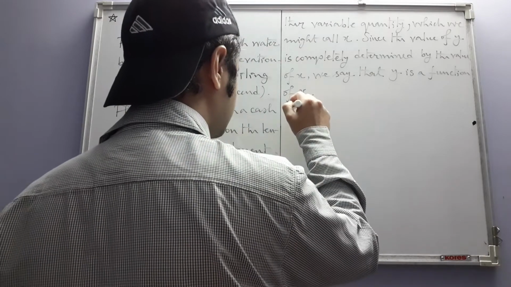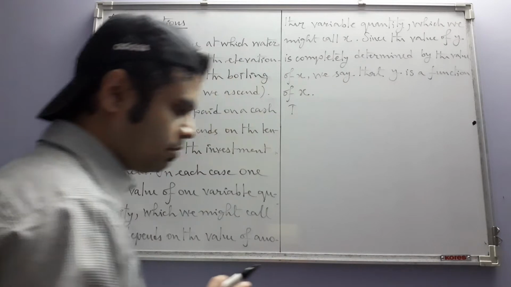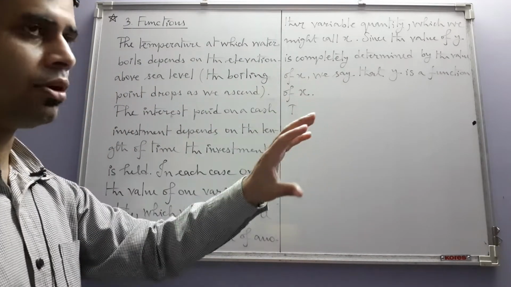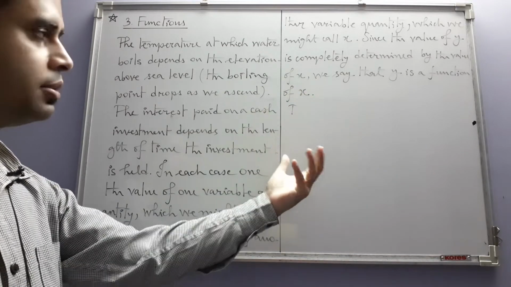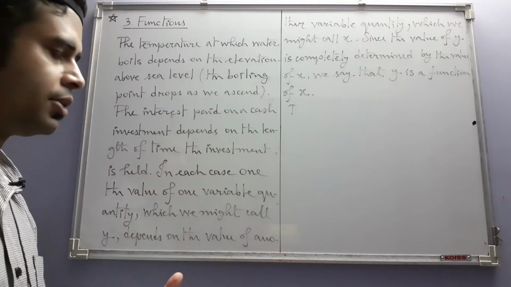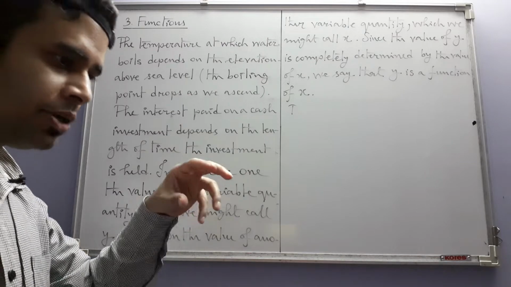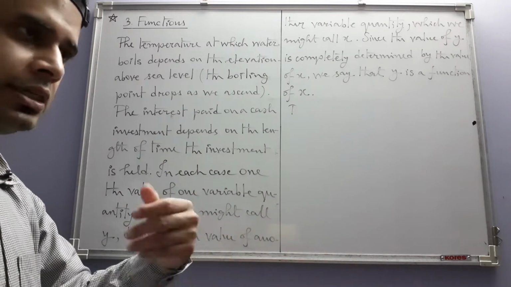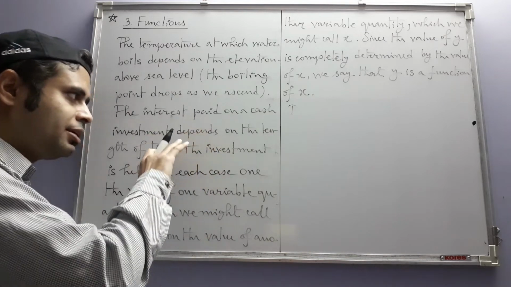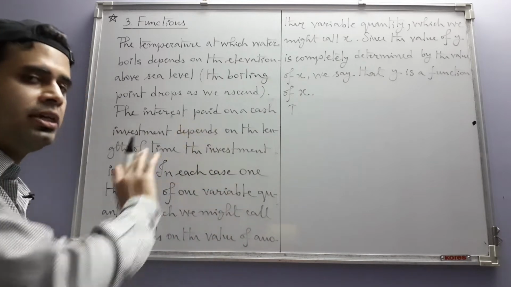You may call the variable on which the other variable depends an independent variable, because the length of time for which the investment is held can be anything. So that is an independent variable, it is varying as it wishes. Now the dependent variable depends on the independent variable for its value.